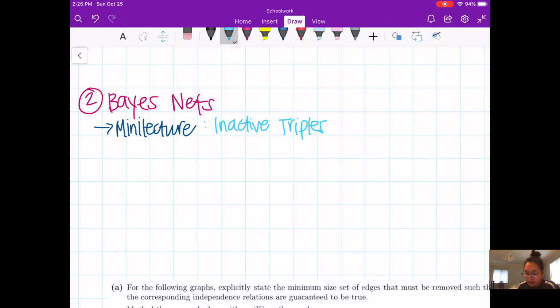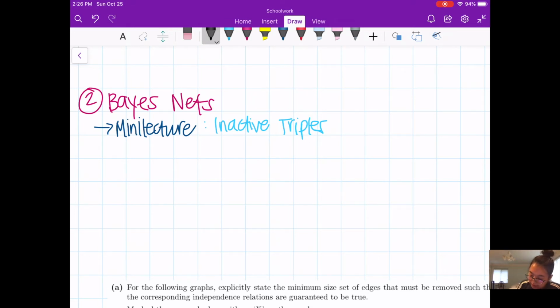So essentially there are some layouts in the Bayes-Net where, if this is the case, then you know that these two variables are independent already. These are the layouts you want to look for.